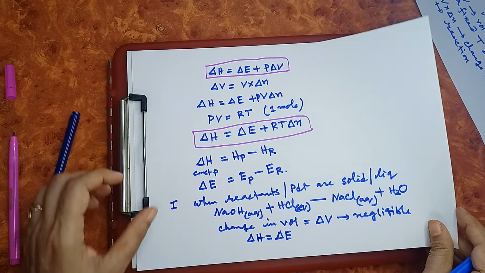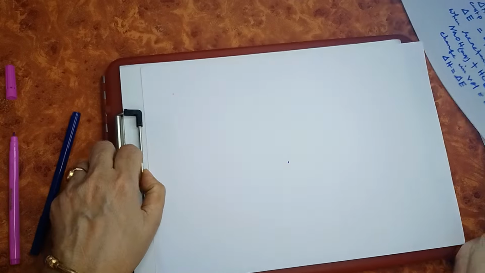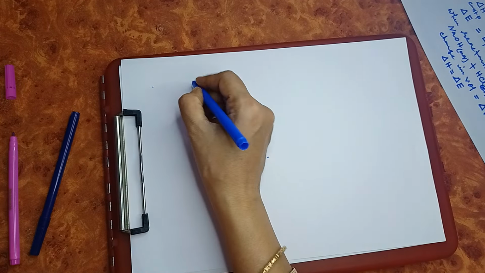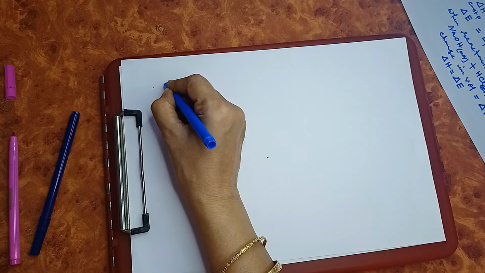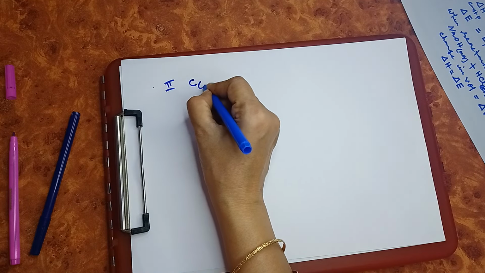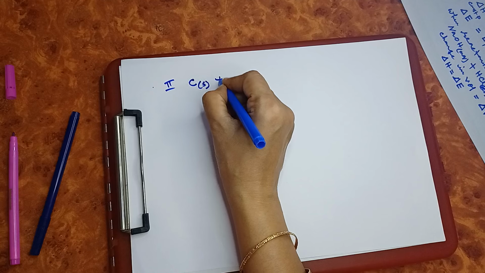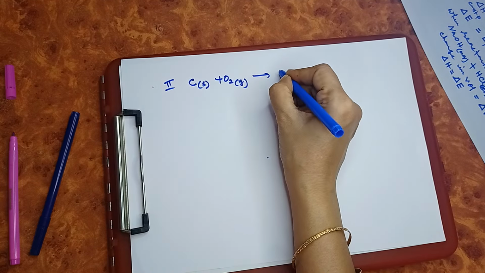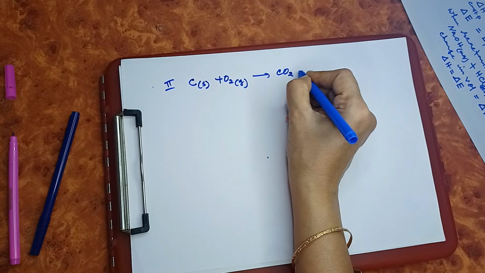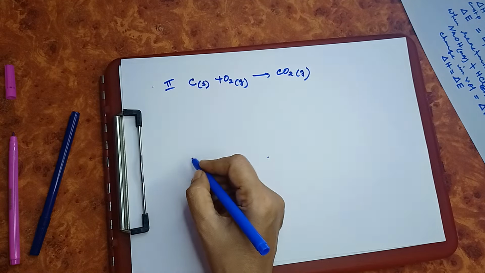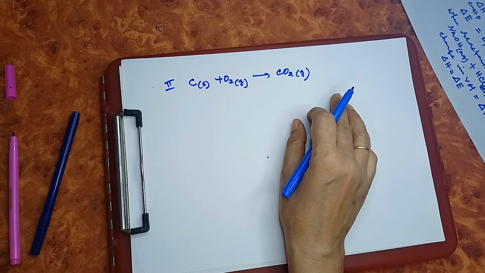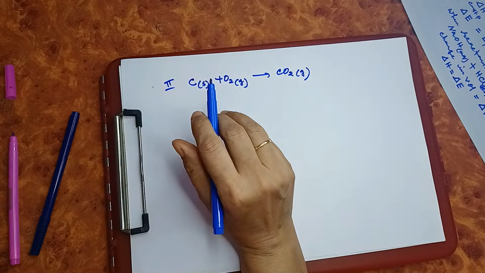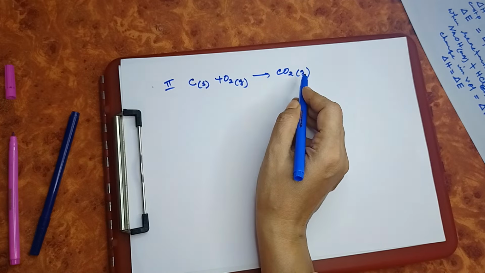Now let us take another case. Say this reaction: carbon solid plus oxygen gas gives carbon dioxide gas. Not all are gases, sorry, carbon is solid; these two are gases.